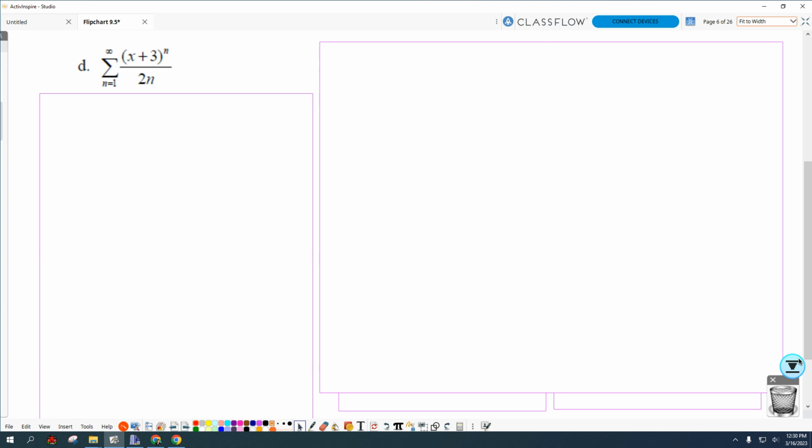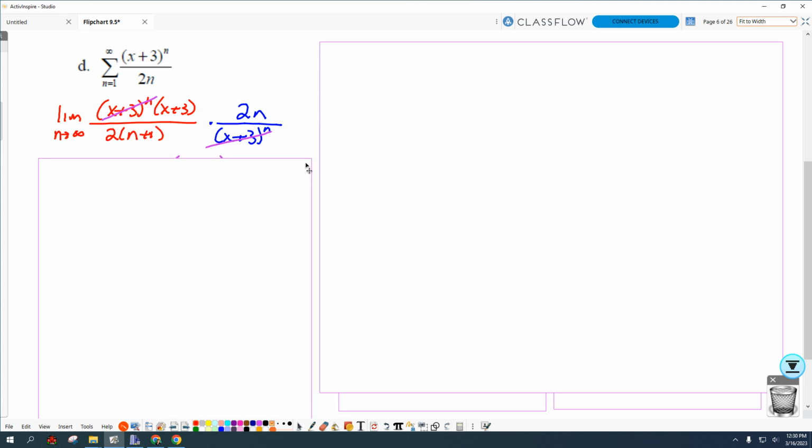Guys, remember you need to keep limits on these ratio test things. Did anyone get an interval yet, or what comes out? Arjun says -4 to -2. Yep. And again, I'm splitting it up so I can cancel things more easily.